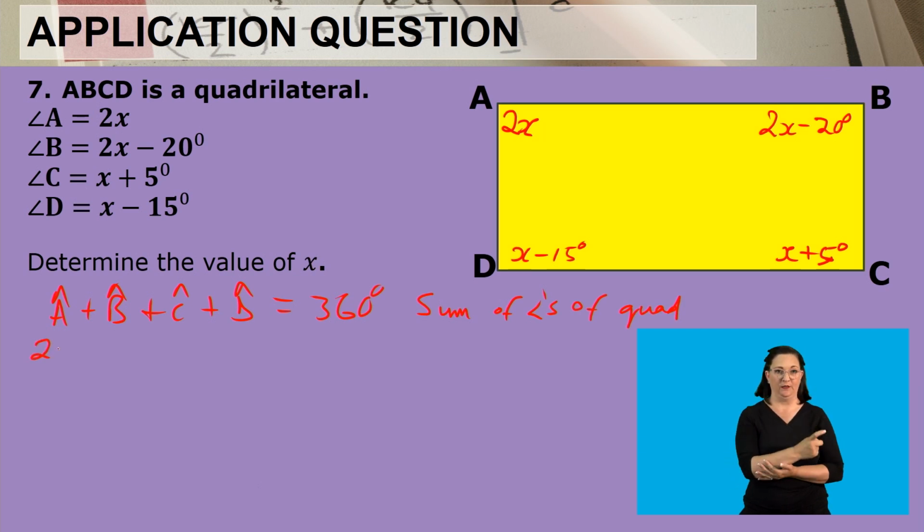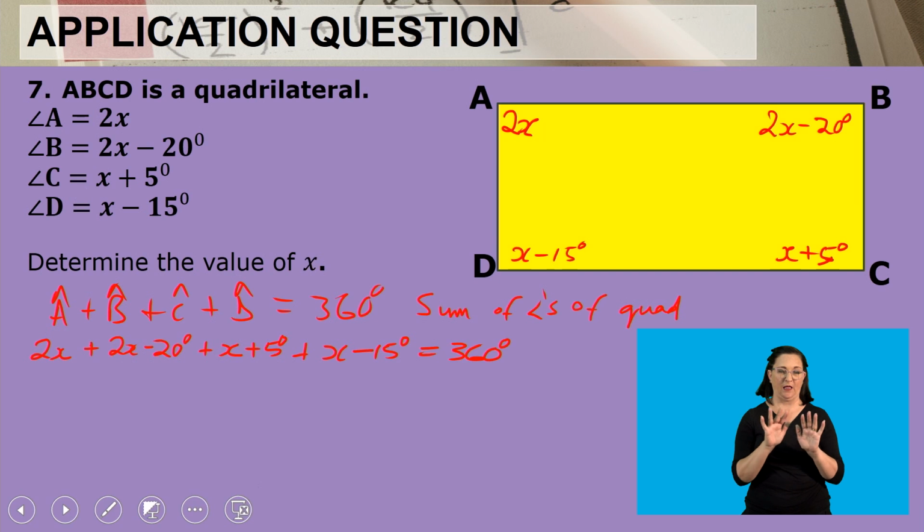Angle A was 2x and angle B was 2x minus 20 degrees. Angle C was x plus 5 degrees, and angle D is x minus 15 degrees, and that equals 360 degrees.